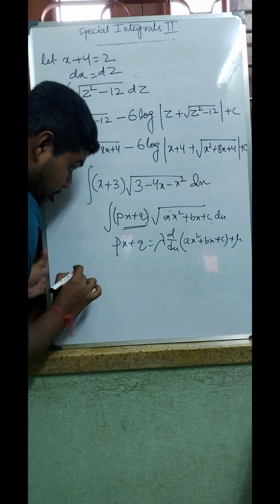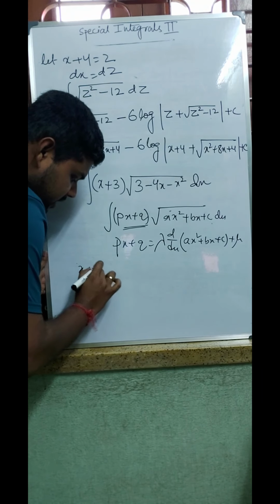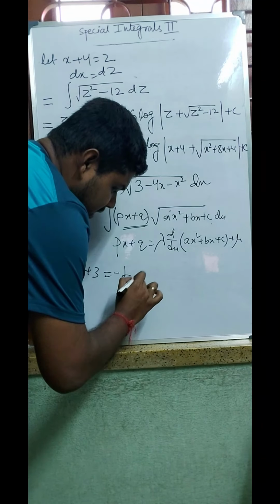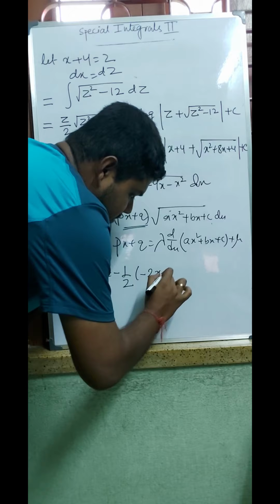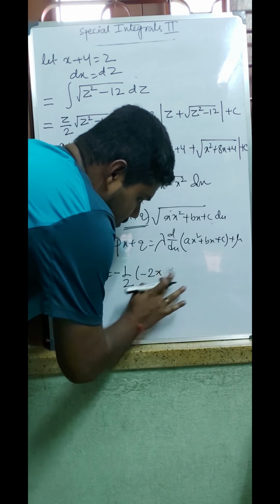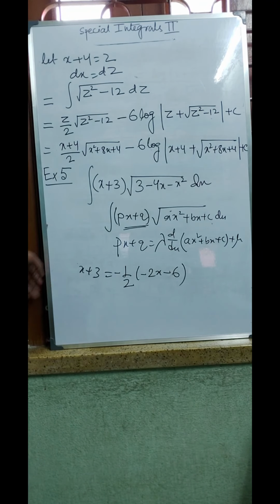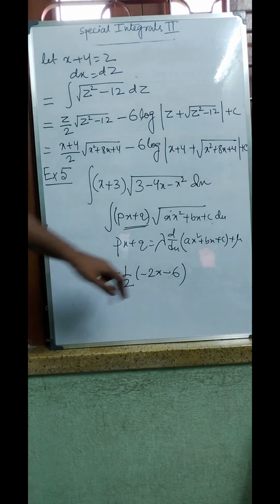So this x plus 3 can be written as minus half into minus 2x minus 6. Just check for yourself. If I multiply by a minus half, then this is what you get.